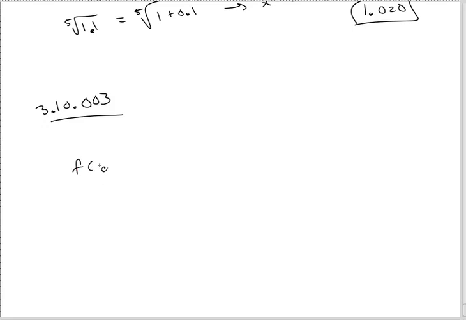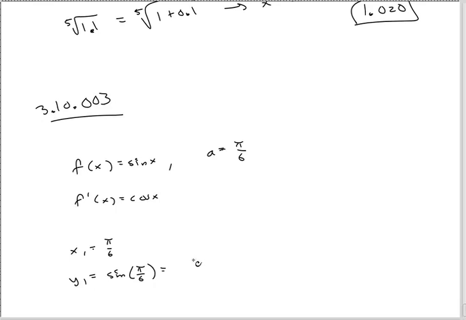Okay, f of x is equal to sine x, and a is equal to pi over 6. Again, this is my x value. So, okay, let's find my derivative. Super easy, it's cosine. And so then my x1 is pi over 6. My y1 is sine of pi over 6, which is the smaller of the two, a half.